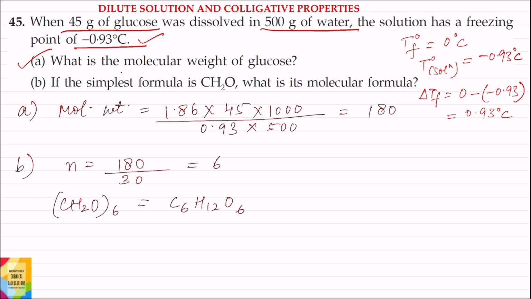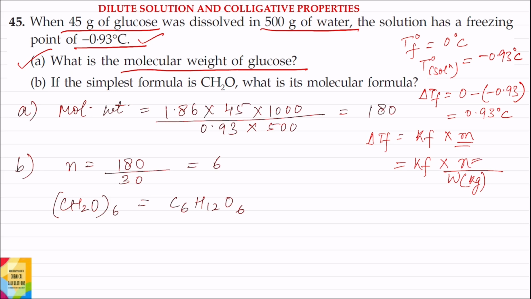अब molecular weight of glucose find out करना है. The formula applied will be delta Tf is equal to Kf into m. m is the molality of the solution. Molality का फॉर्मूला हो जाएगा नंबर ऑफ मोल्स ऑफ सोल्यूट डिवाइडेड बाय वेट ऑफ सॉल्वेंट इन kgs. अब नंबर ऑफ मोल्स ऑफ सोल्यूट हो जाएगा वेट ऑफ सोल्यूट दैट इज 45 ग्राम डिवाइडेड बाय मॉलिक्यूलर वेट ऑफ सोल्यूट.